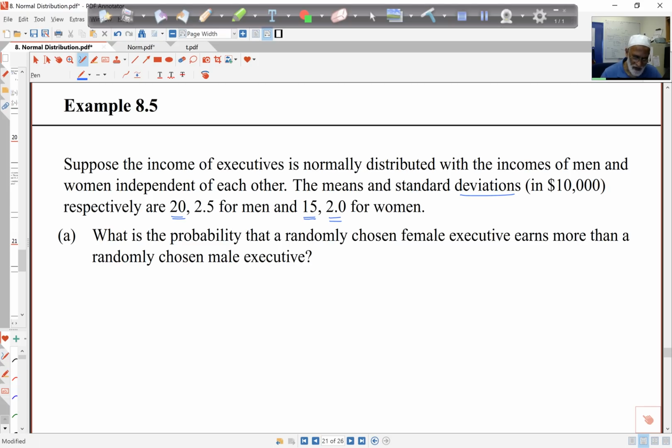So the question here is, what's the probability that a randomly chosen female executive earns more than a randomly chosen male executive? So I'll first of all let F equal income of female, and I'm being a little bit loose with notation, but that's fine. And M equal income of male.